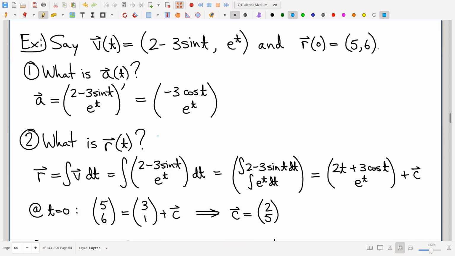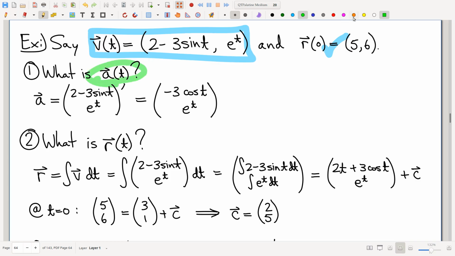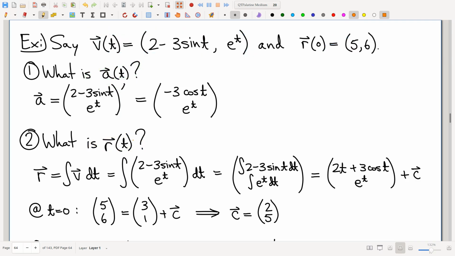Y'all probably will recognize questions of this sort, where you are given the velocity and a starting point, and you can ask, what is the corresponding acceleration and what is the corresponding position? Y'all have done these kinds of questions before. These are vector-valued versions of those things, but it's morally the same thing. So what is the acceleration?